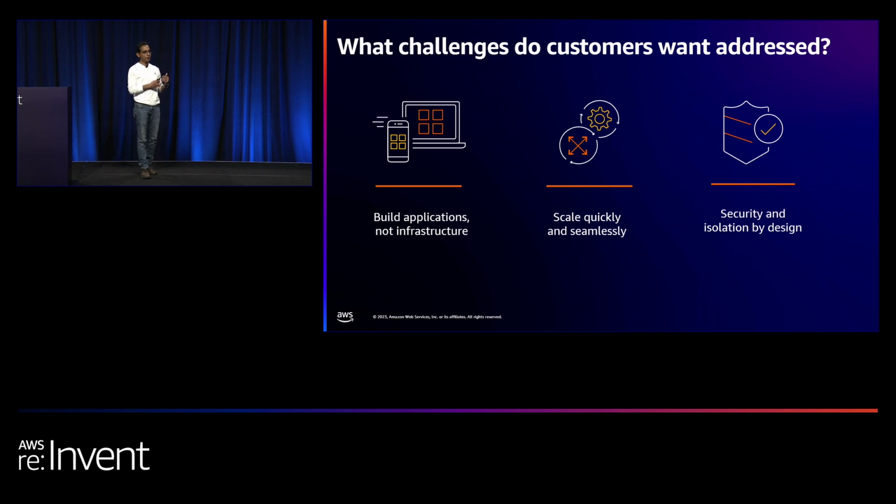They want to quickly iterate and build value-added products and services on AWS. And managing these infrastructure pieces requires a steep learning curve, and it also slows them down in the process. So our customers asked us for a managed way. The other thing is that they also want to scale seamlessly.